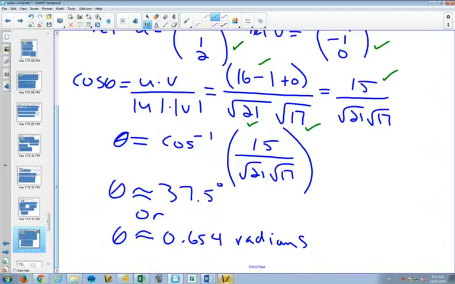So we're already at 6 marks. And 1 mark for doing cos inverse and getting your answer. So a lot of marks, a lot of easy marks.